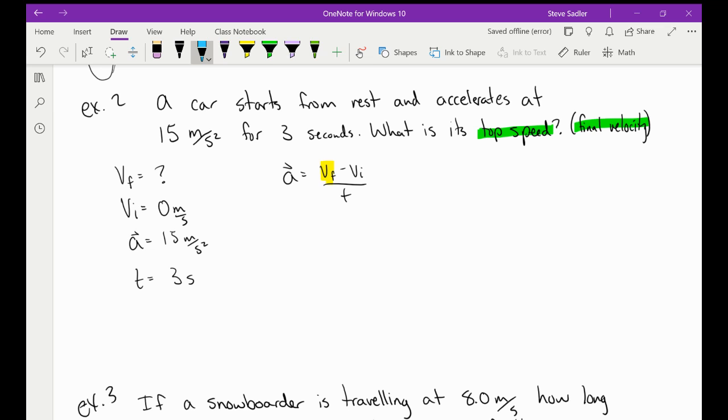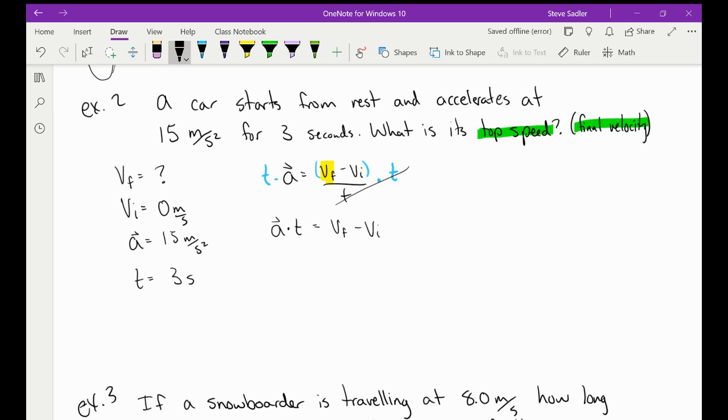So there are 2 things happening to this v final. It's being subtracted by v initial, and it's also being divided by time. Because time is dividing both of these values up here, we have to deal with that time first. So I'll multiply both sides by time, and I get that cancellation. Now I'm left with acceleration multiplied by time is equal to v final minus v initial.